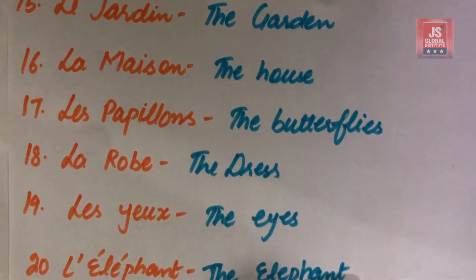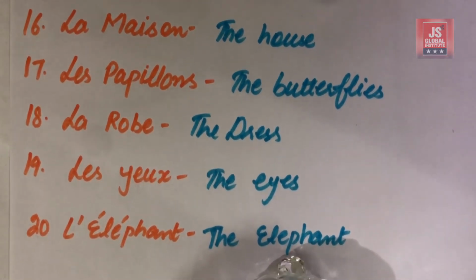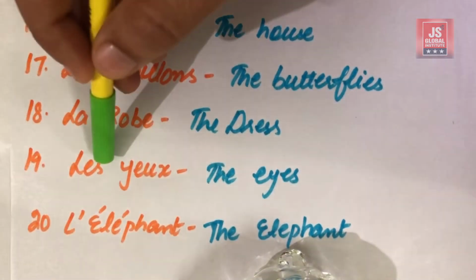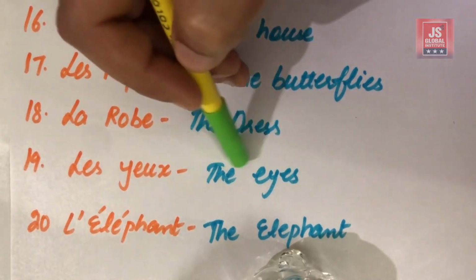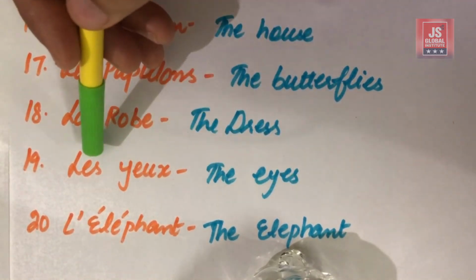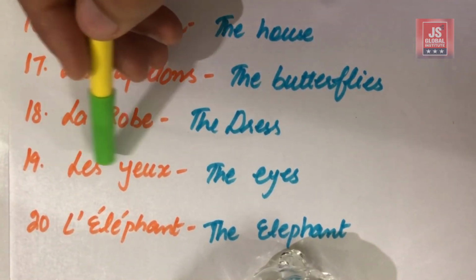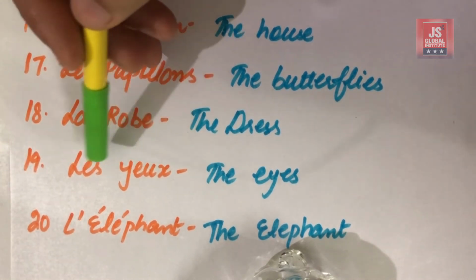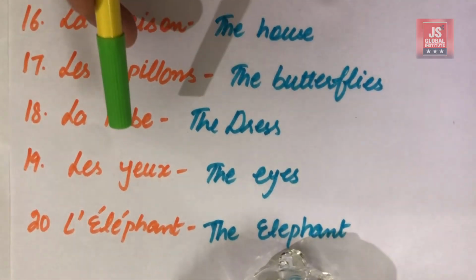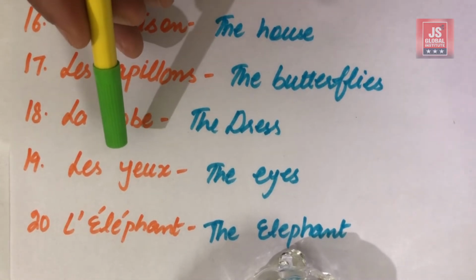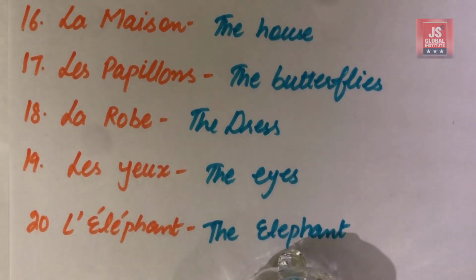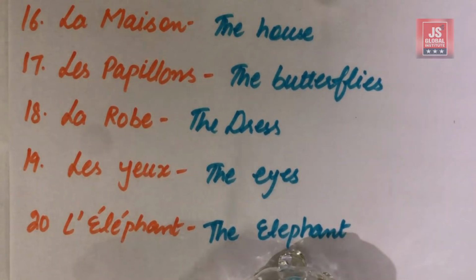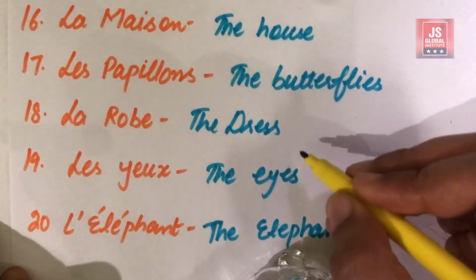Alright, next is les yeux. What is this? That is actually eyes. How is it pronounced? That is les yeux. I will tell you what is this. In English there are 5 vowels, that is A, E, I, O, U. I can write it over here.